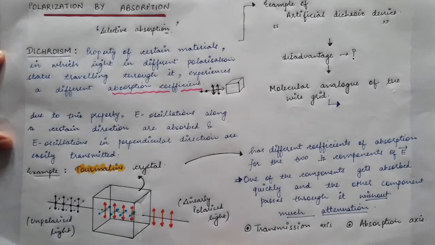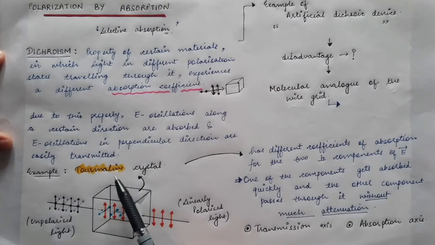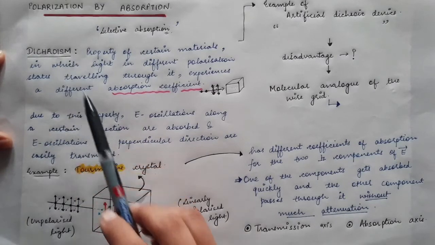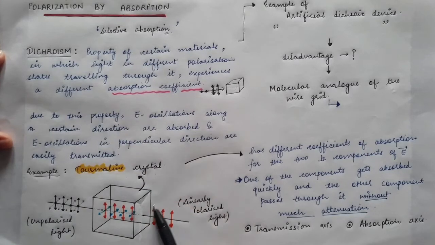Using its dichroic property, we can use the tourmaline crystal to obtain polarized light. You can see that the light coming out of the tourmaline crystal is linearly polarized light. There are two terms that we use here.